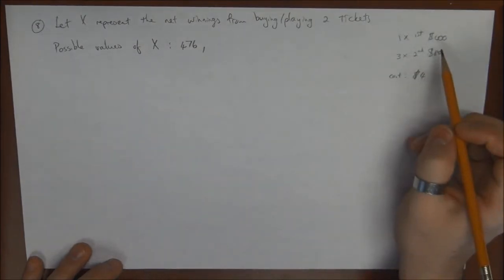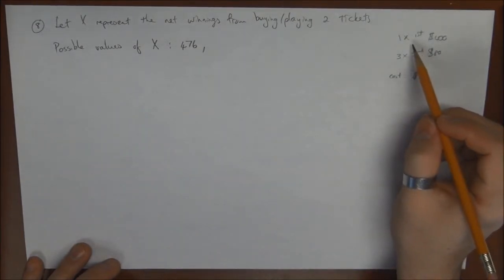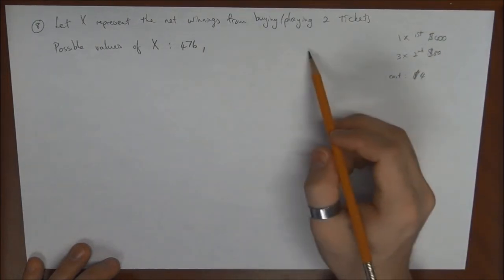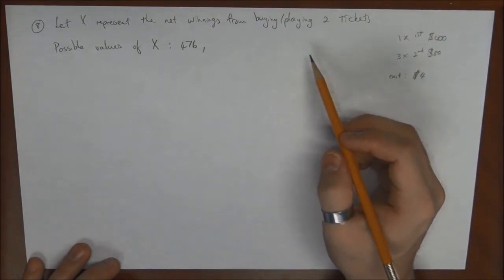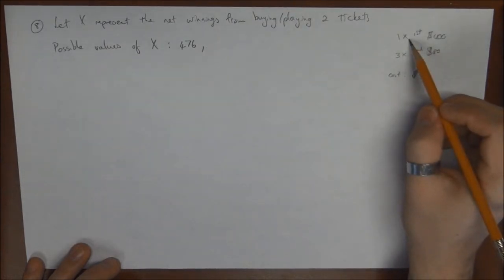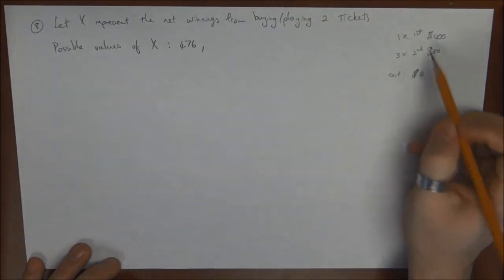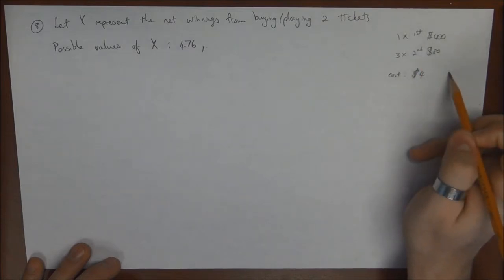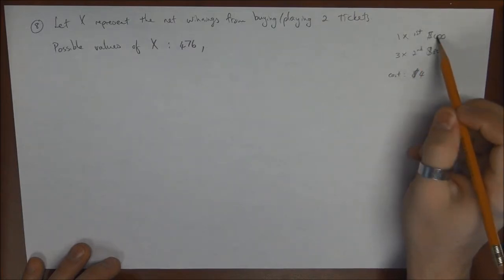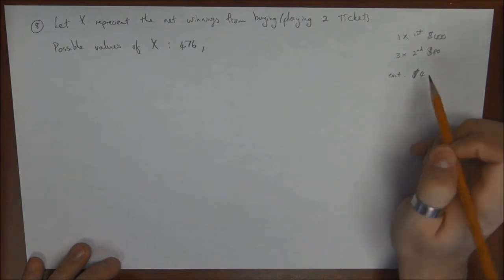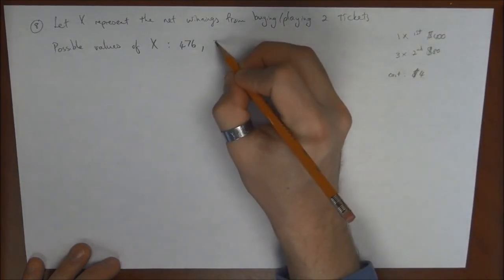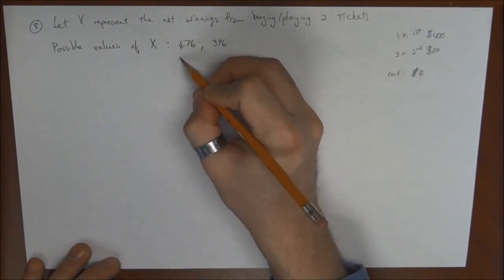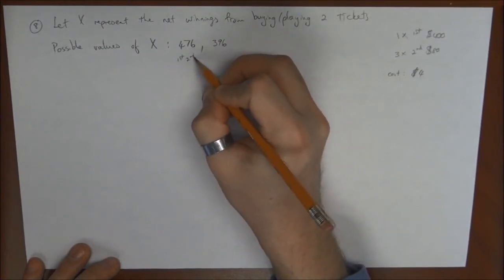What is the next best? Well, let's stick with the first prize and run through the options. These don't have to be in order as long as I get them all. So one way of systematically working through this is, let's suppose I get first prize paired with everything else. First prize and second, first prize and nothing. That would be 400 only, minus 4, which gives me 396. So let's say here first, second prize.